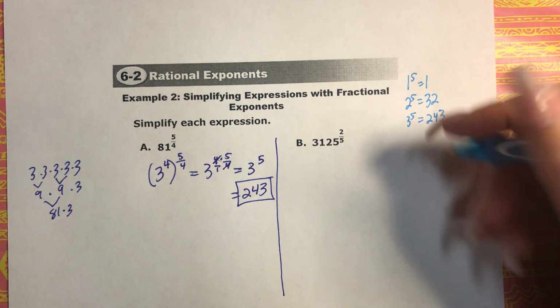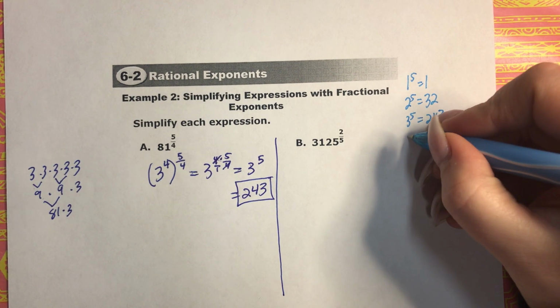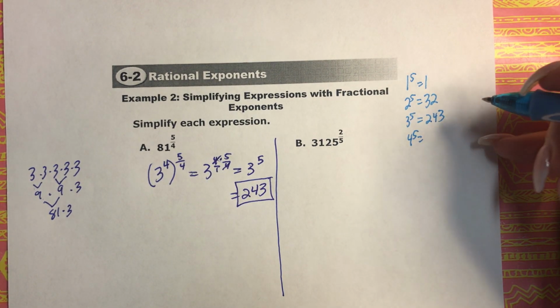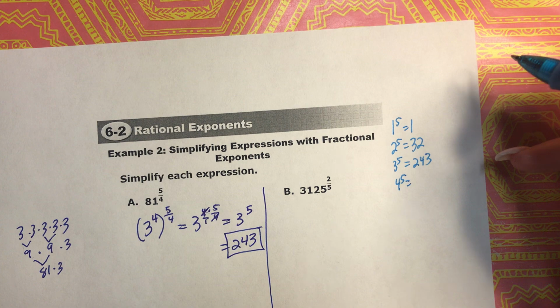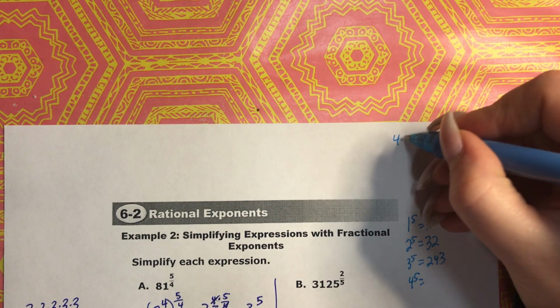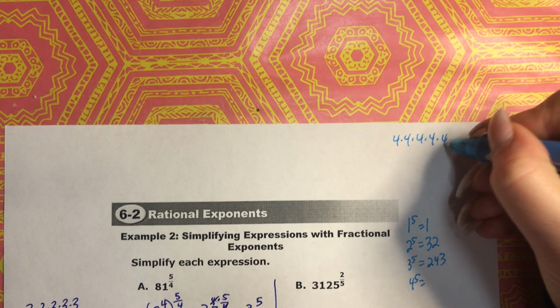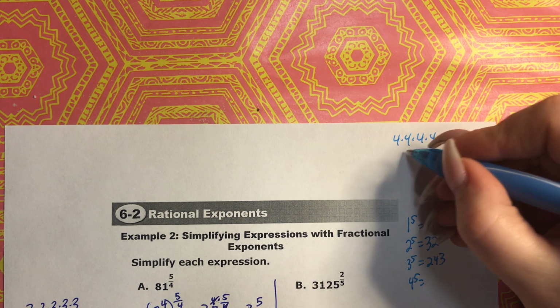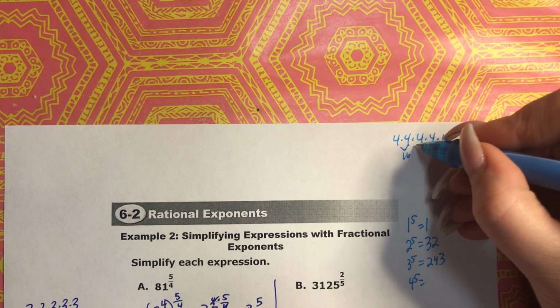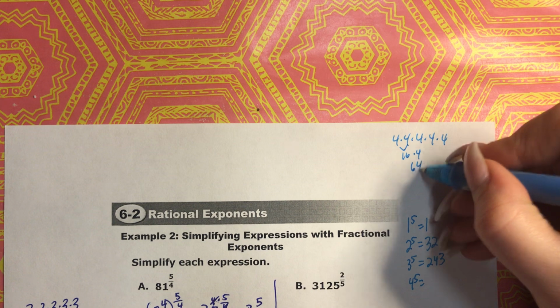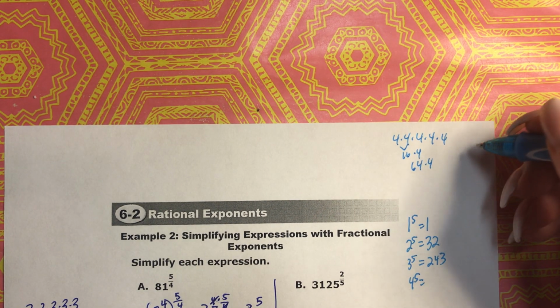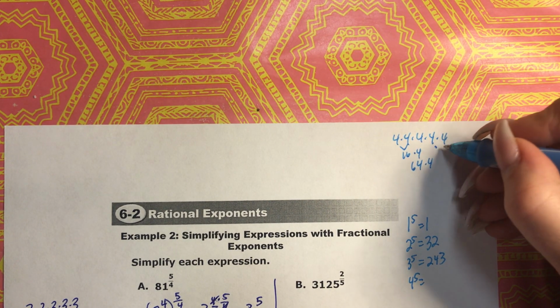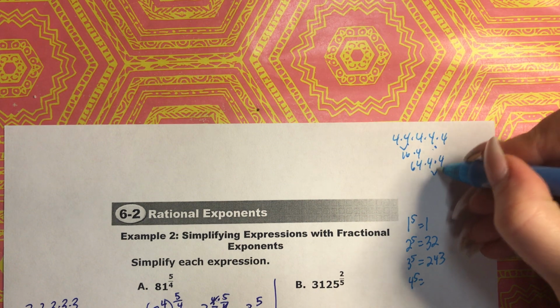And then I'm just going to keep going. 4 to the 5th. Oh, gosh. Okay, 4 to the 5th is going to be 4 times 4 times 4 times 4 times 4. 1, 2, 3, 4, 5. Okay, so that's 16. 16 times 4 is 64. 64 times 4, or how about we go 64 times 16, because 4 times 4 is 16.